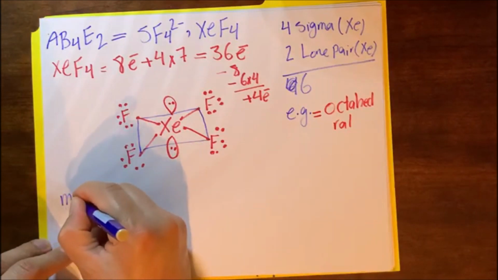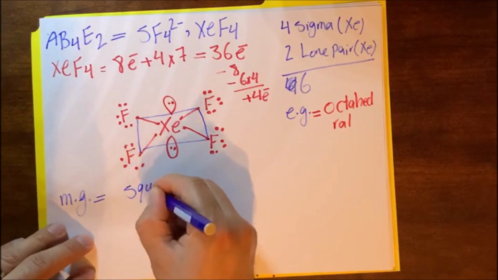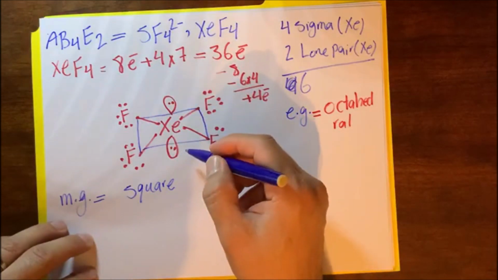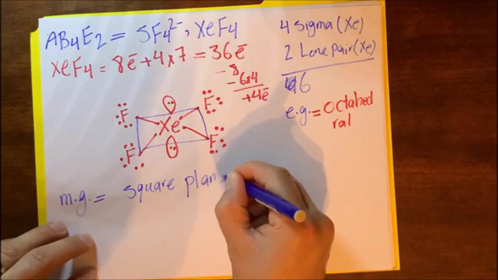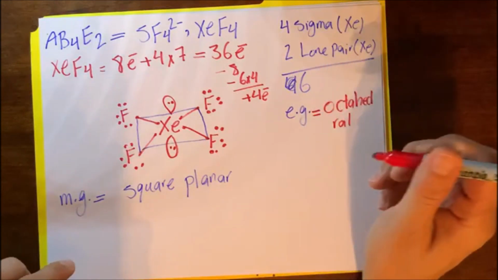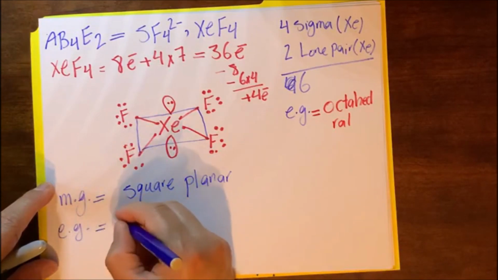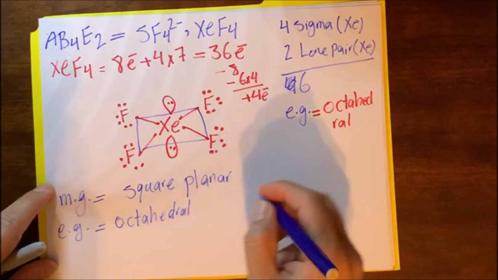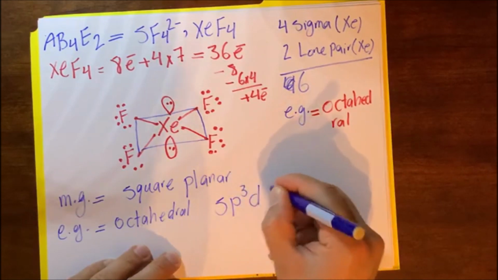So I say on the molecular geometry, it will be square. And we don't have any axial atom. It's completely flat. So it will be square planar. Okay. What's the hybridization? You have 6 orbitals. I said electron geometry is octahedral. Because it's octahedral, it will be sp3d2.